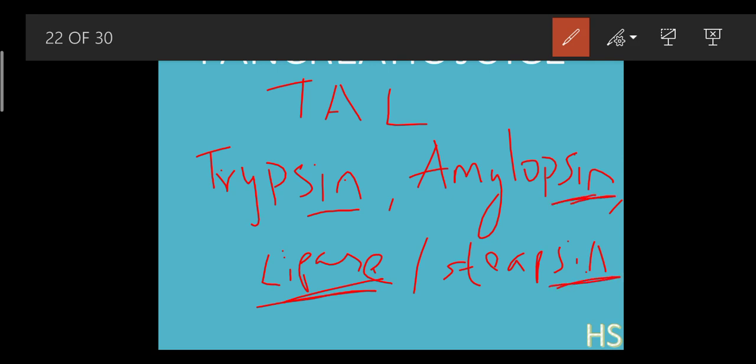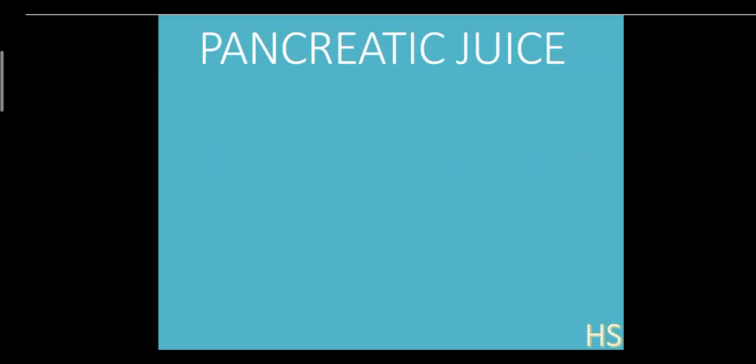What do you mean by that? The word sin basically means enzymes. When the names are related to enzymes, the words end in ASE and SIN. So these are TAL. T stands for trypsin, A stands for amylopsin, and L stands for lipase. Lipase is also called steapsin. So just remember this word TAL.